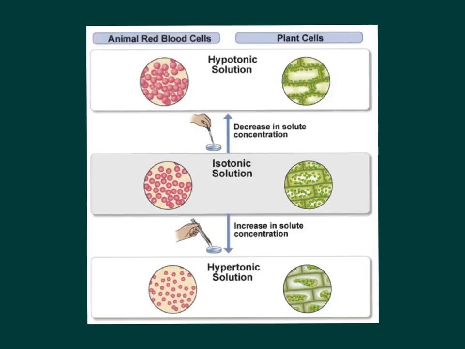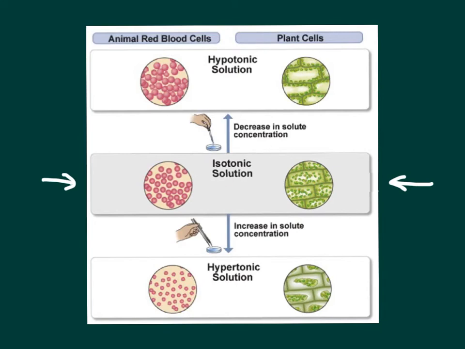This particular slide is just a summary of what we just looked at, where if we start in the middle at our isotonic solutions here, the cells are normal sized. Here on the left we have red blood cells, and on the right we have a plant cell with its chloroplasts distributed evenly throughout.